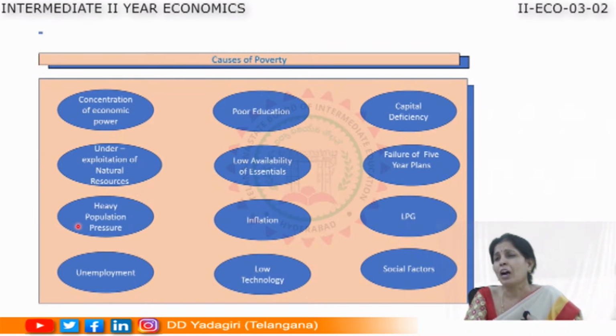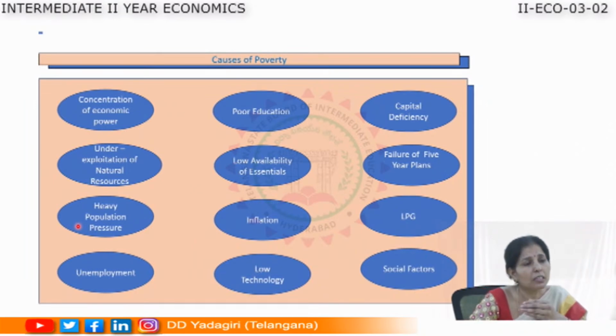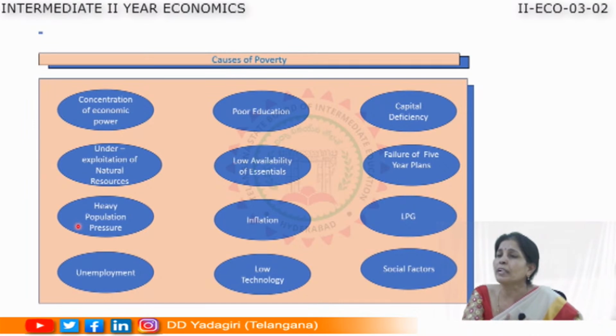The second one, under exploitation of natural resources. This is how it causes poverty. Production is not possible without exploiting natural resources. Natural resources provide us the raw materials which are converted into final products. What do we require to exploit natural resources? We require knowledge, technology, and efficiency.